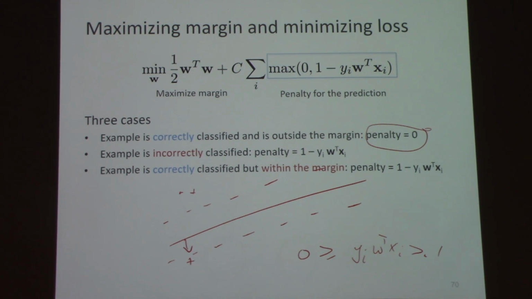Let's actually think about what happens when C is 0 and what happens when C is infinity. If C is 0, that means this entire term disappears. What you're doing is you're taking the training set, throwing it out, and finding a weight vector that minimizes the norm, w transpose w. What is the minimum value of w transpose w? So you have a vector.